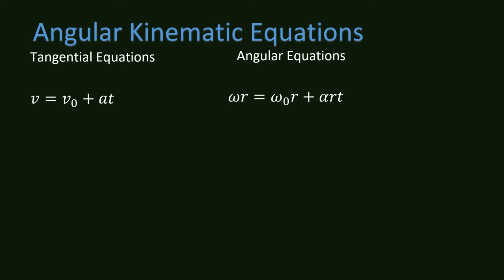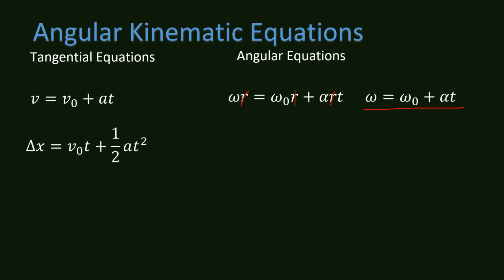We know that v is equal to omega r, v sub naught would be equal to omega naught r, and a is equal to alpha r, so we replace it and we get this equation. And then all the r's will cancel out, and we get this as our angular velocity and acceleration equivalent to this equation.